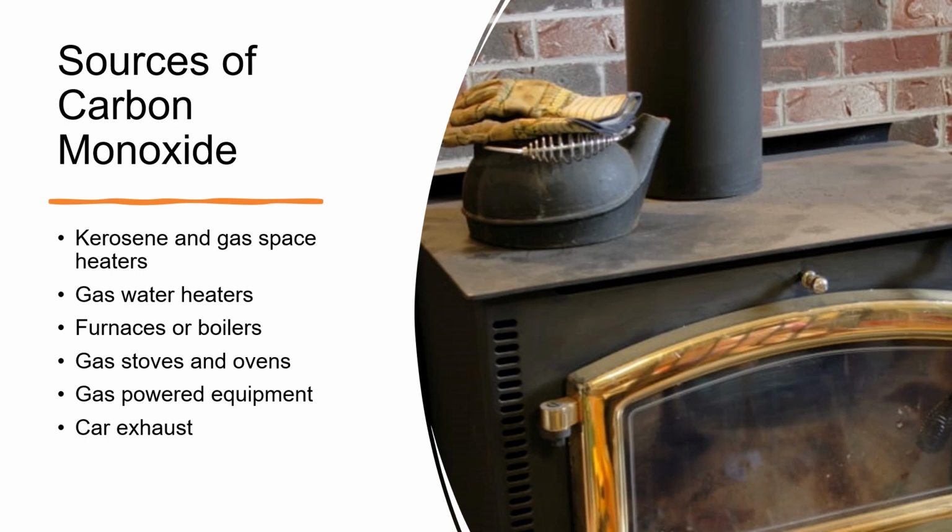If you operate any of these items in your home, which you most likely have at least one of, it's very important that there is adequate ventilation and that they are properly maintained and operated.